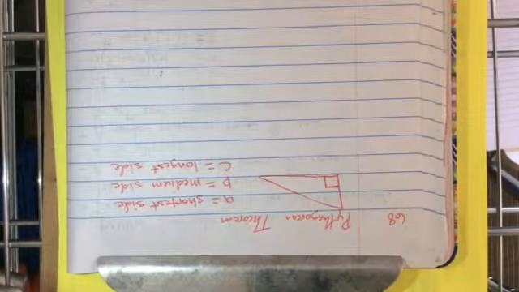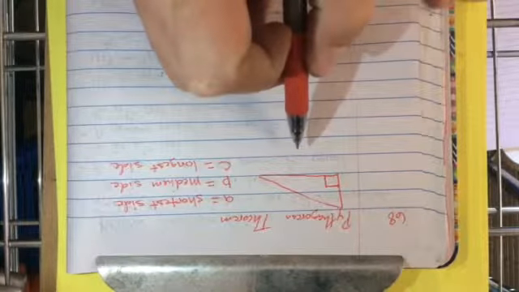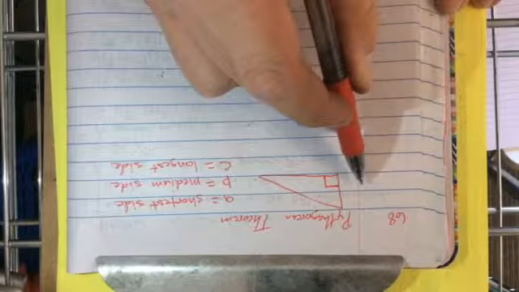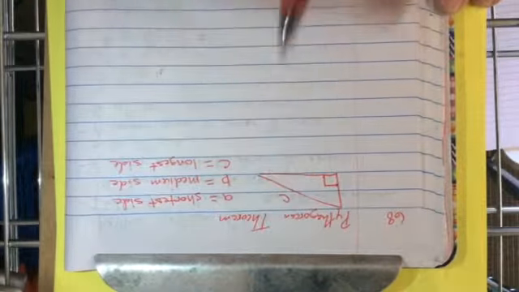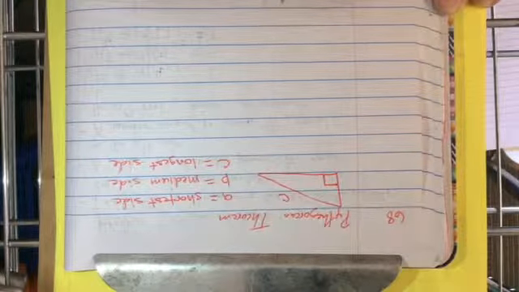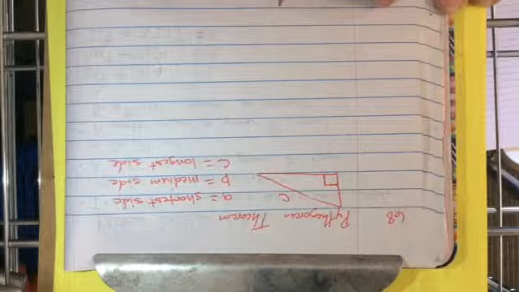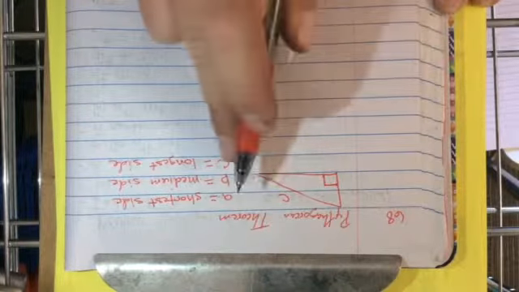So looking at this triangle, where is the longest side? Is it 1, 2, or 3? 1. So that's going to be C, our longest side. So for right now, C is the longest side. A is the shortest side.